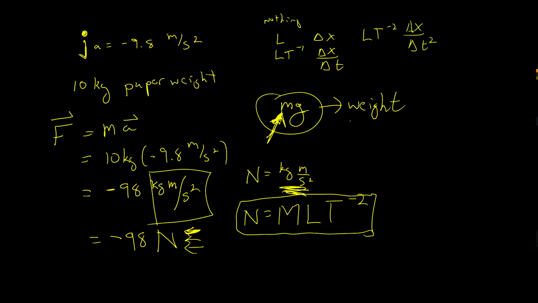Sorry, change in velocity. And now we have mass, length, time to the negative 2, which is our newtons, or F equals ma. And so we're building our knowledge of the universe out of these dimensions, working our way up.